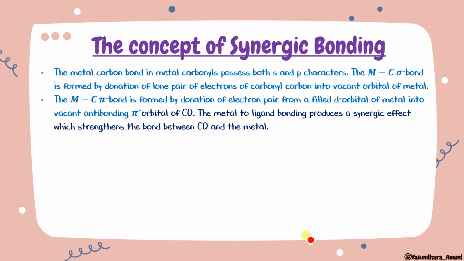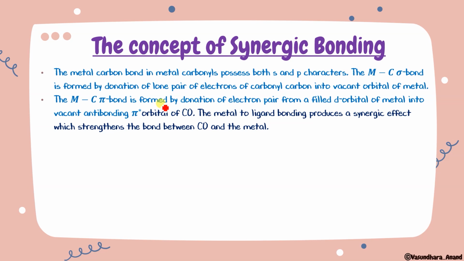This is called pi back bonding. The metal-to-ligand bonding produces a synergic effect which strengthens the bond between CO and the metal. The synergic bond involves the transference of electrons from the ligand to the metal, and also a transference of electrons from the filled metal orbital to the anti-bonding orbital of the ligand.